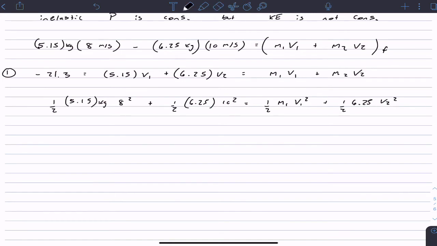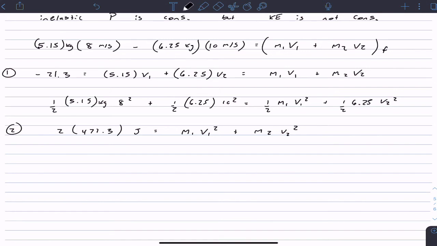Simplifying a little bit, if you just work out the math, 2 times this is going to be in joules, because we have kilograms meters squared per second squared, which is a Newton meter, which is a joule. So that works out. Now we just have m1 v1 squared plus m2 v2 squared, and this is equation 2.